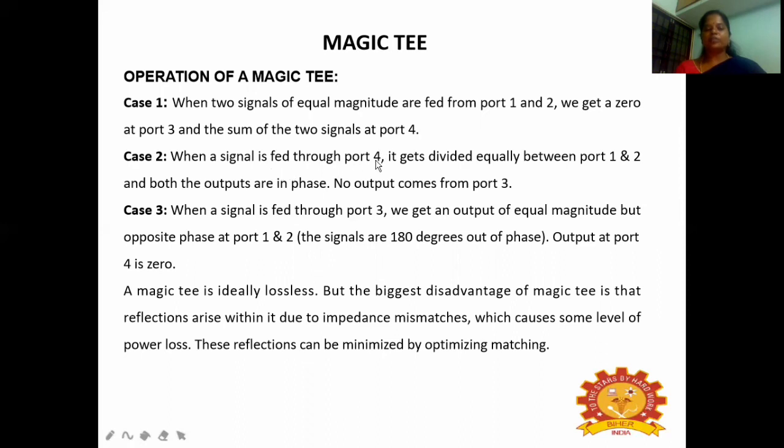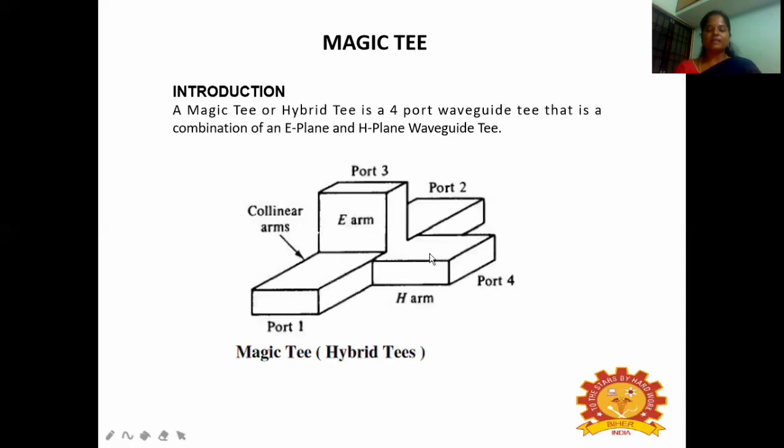When a signal is fed through port 4, it gets divided equally between port 1 and 2. Both outputs are in phase, and there won't be any output from port 3. That is, if you apply a signal via port 4, the signal gets divided equal in magnitude and also in phase between port 1 and 2, and there won't be any signal at port 3.